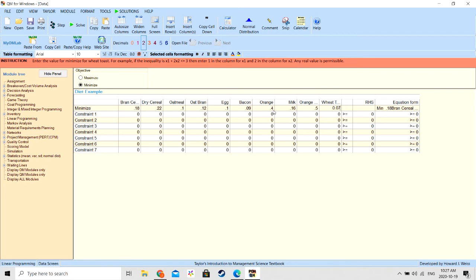The actual numbers are pretty straightforward, but entering them in can be time consuming. It might also, in this scenario, be a little bit confusing because we have so many. So what we're going to do now is enter our constraints. We've entered our decision variables. We've entered our costs. But we do have, as I said, 7 different constraints.